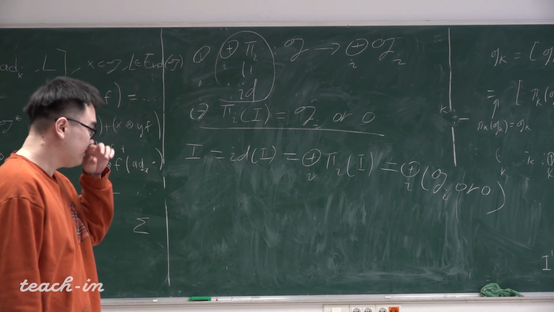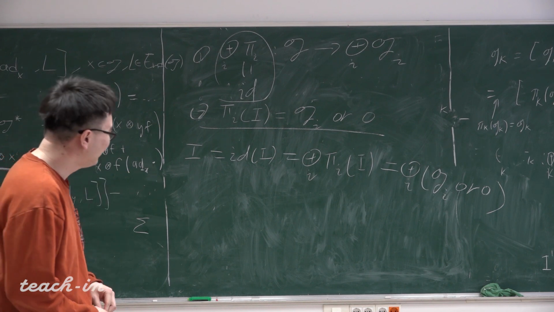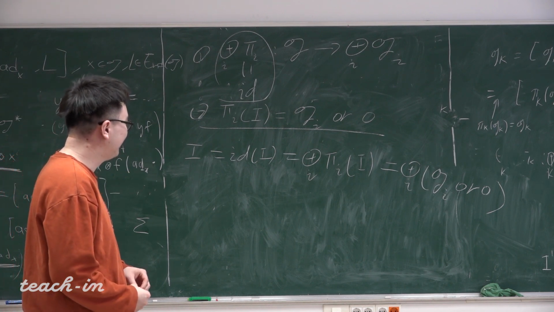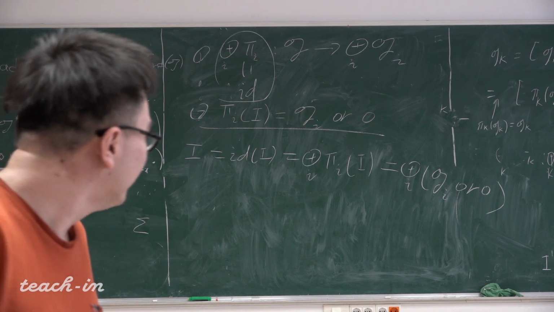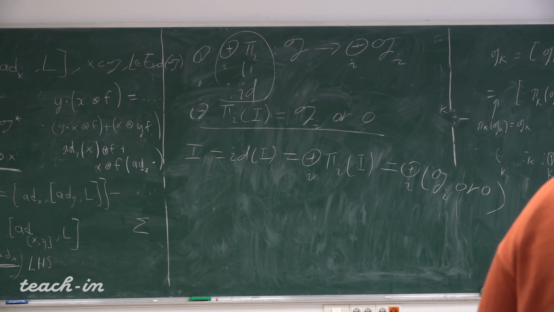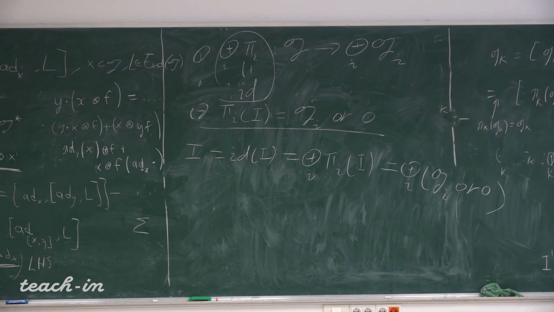Okay. Now let us think if you're tricking us or not. I is an identity of I. That's of course true. Then you have pi I. Sure. So pi I is either GI or 0.